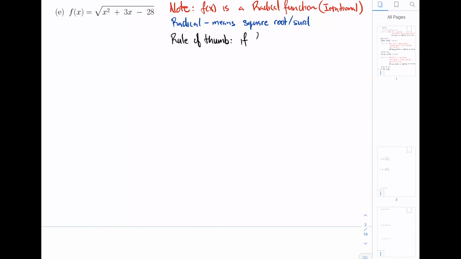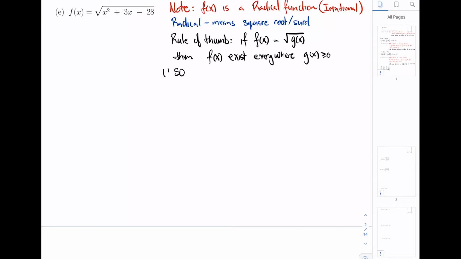If f of x is equal to the square root of some type of function g of x, then f of x exists everywhere g of x is greater than or equal to 0.